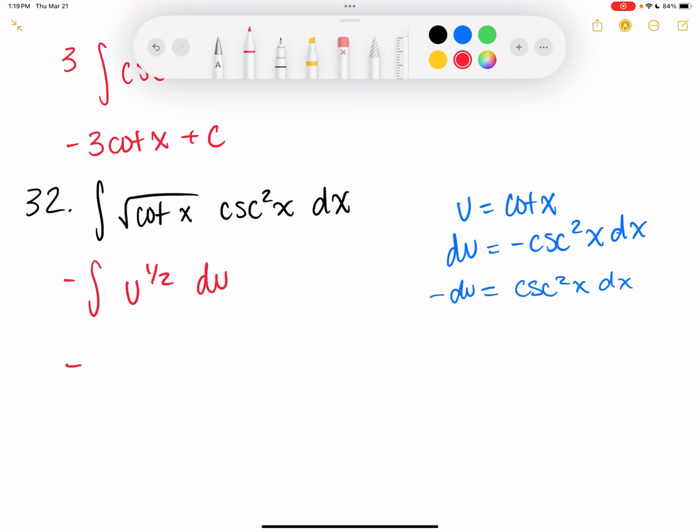And don't forget your negative out front. 2/3 u to the 3/2 plus c. So then plugging it back in, negative 2/3 times the cotangent of x to the 3/2 plus c.